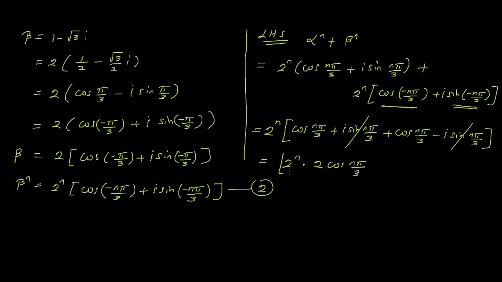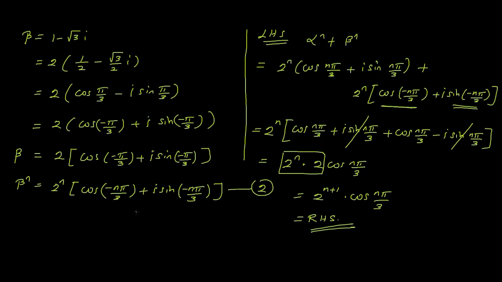Solving 2 to the power n into 2, we get 2 to the power n plus 1 into cos n pi by 3. That is the RHS of the question. So we have proved our LHS equals our RHS. So this is all about question number 16.